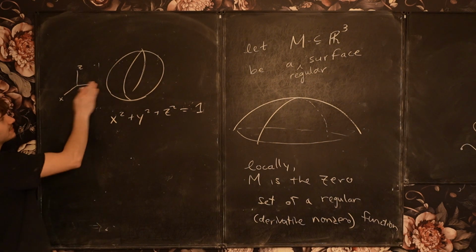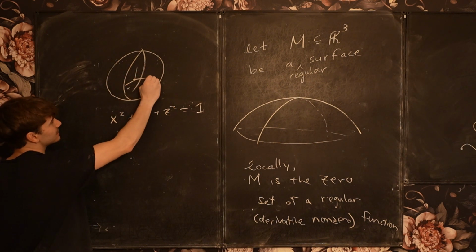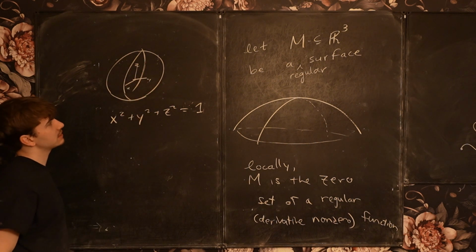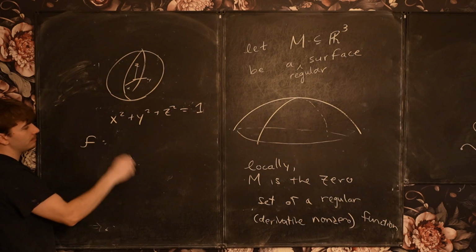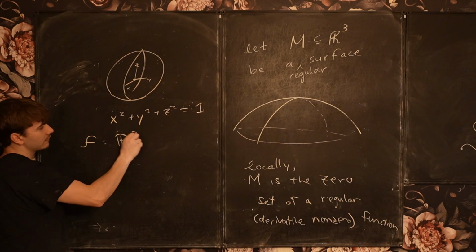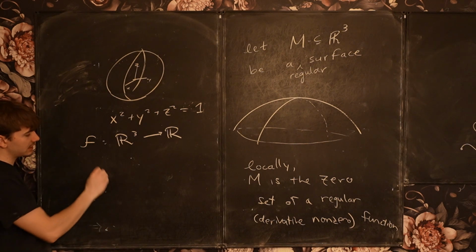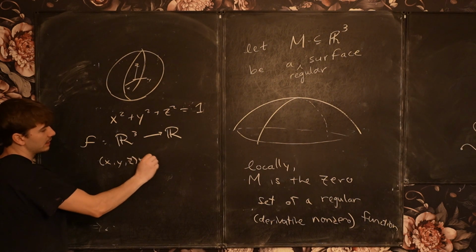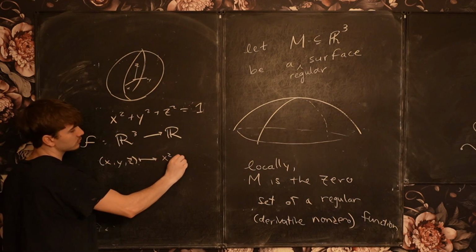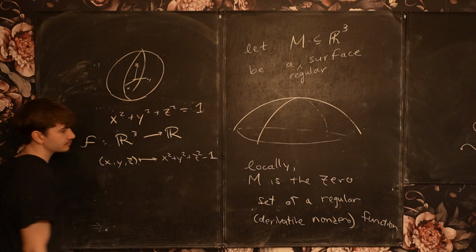The coordinates are actually going to be centered here, x, y, z, inside the sphere. Okay, so this is a function f from R3 into R. My function is basically, I want to send x, y, z into x squared plus y squared plus z squared minus 1, okay?